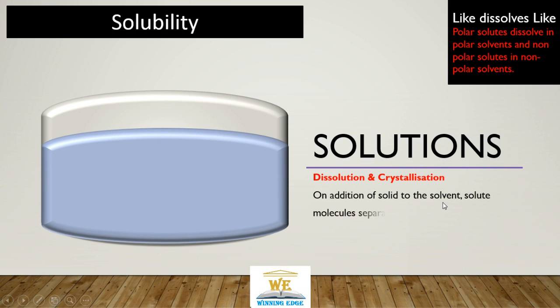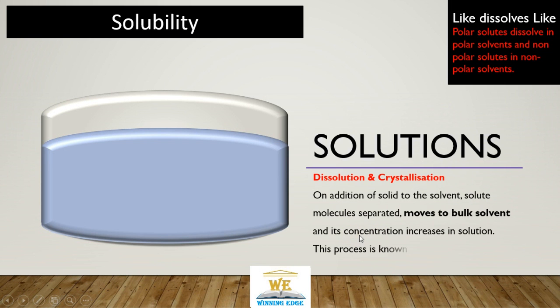On addition of a solid solute to solvent, what happens? Molecules separate, they move to the bulk of solvent, and its concentration increases in solution. This process is known as dissolution. So basically, dissolution is the first thing when we put a solute into it. I'm talking particularly here about an ionic solute.